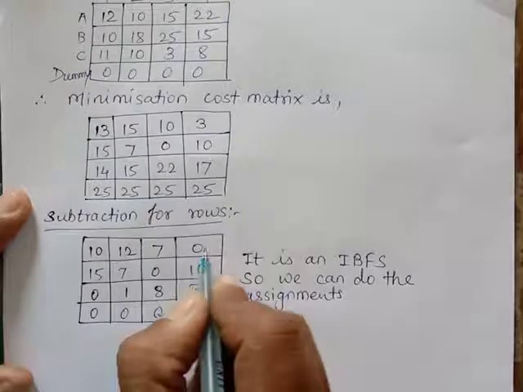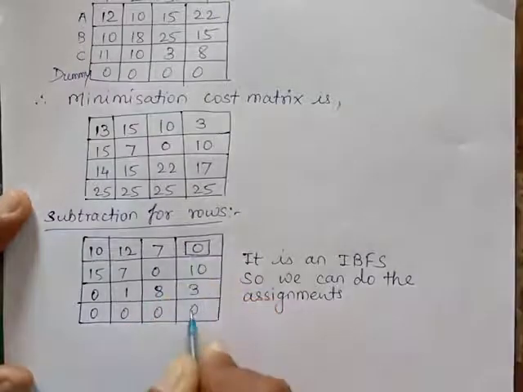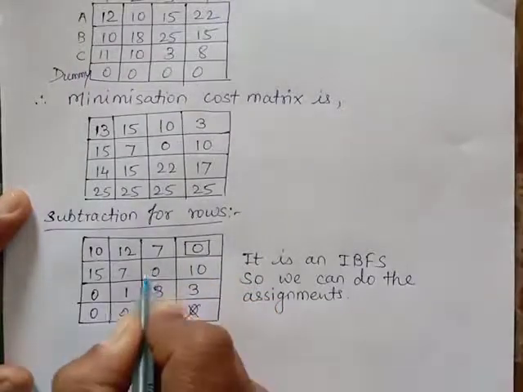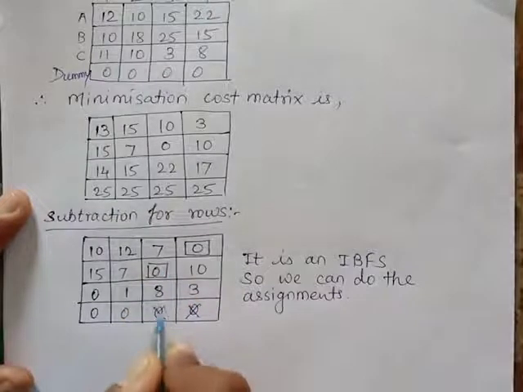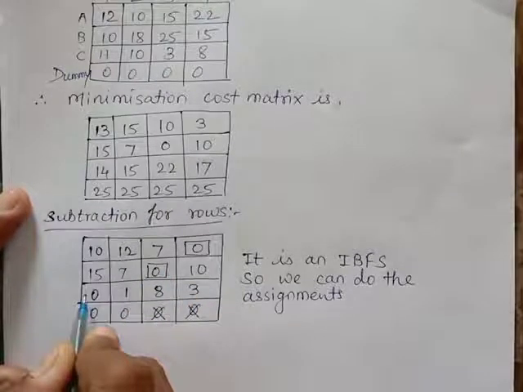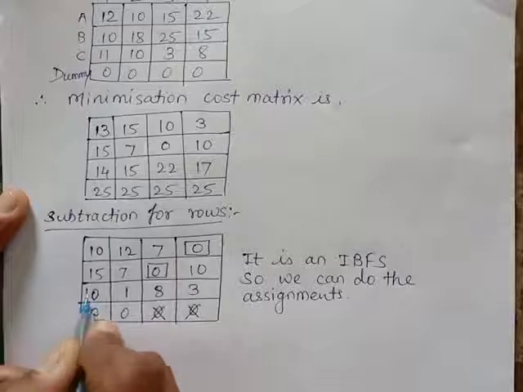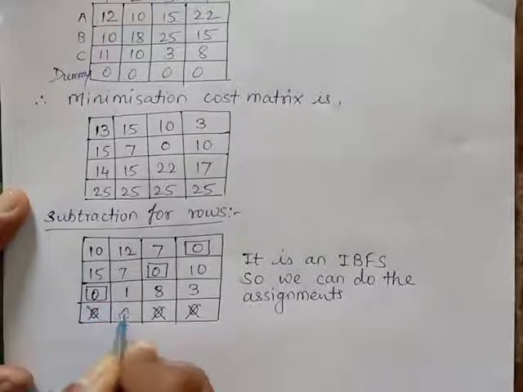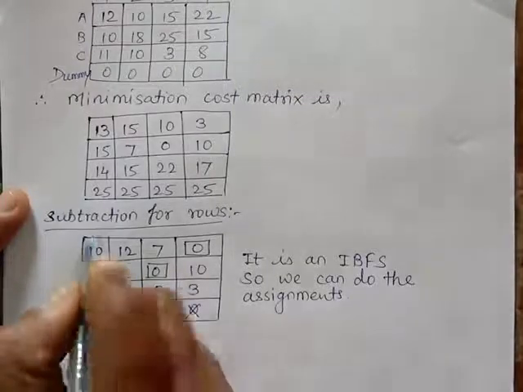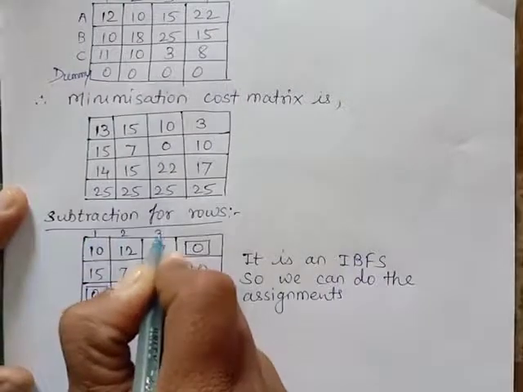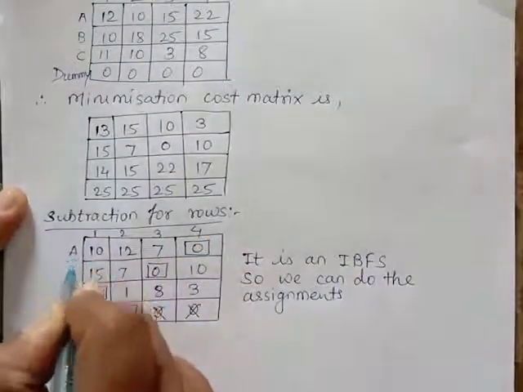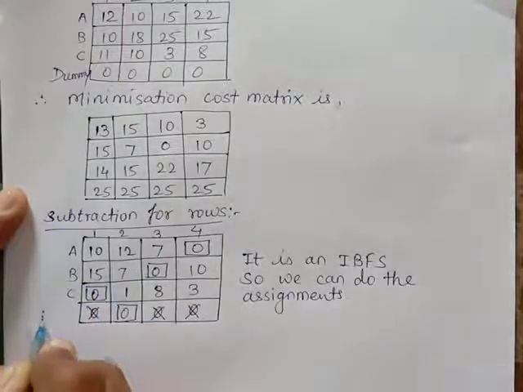This row having a single 0, we do the assignment here and it gets crossed. This one having a single 0, it gets crossed. This row having a single 0, it gets crossed, and this is also a single 0. So jobs 1, 2, 3, 4 and machines A, B, C and dummy.